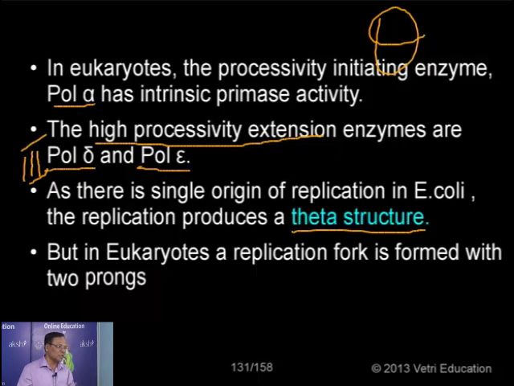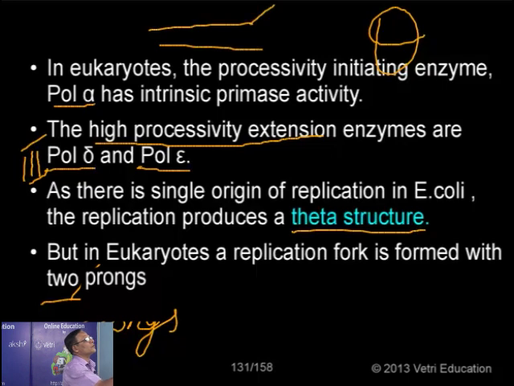The replication fork is formed with two prongs, two projections, two arms. In E. coli, there is only one origin of replication, so it gives a theta structure, but in eukaryotes a replication fork is formed with the two prongs.